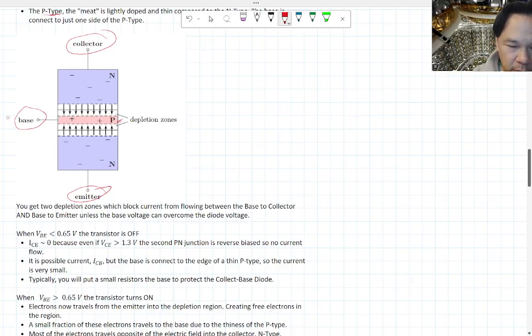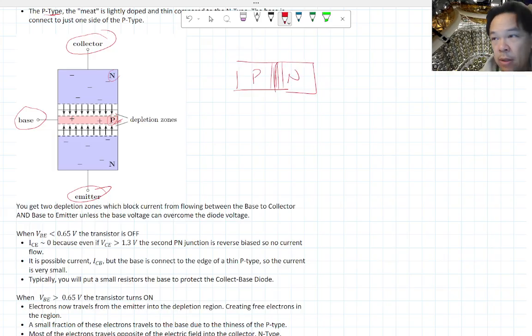When you have an n-type and a p-type, just like when we did diodes, a depletion zone gets created between the two. This depletion zone creates a little electric field. So the negative goes here, and the electric field points this way. It basically gives you a voltage drop across this diode.